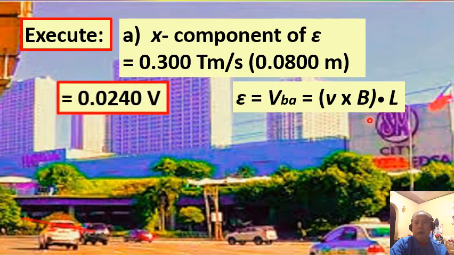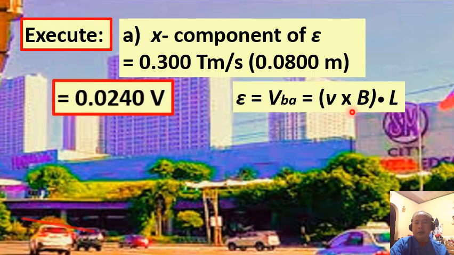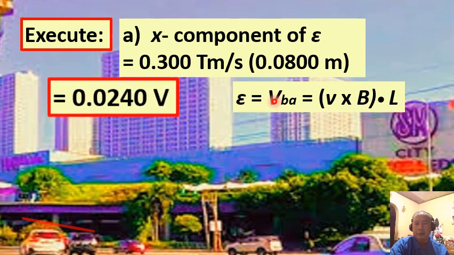So earlier, we called this the scalar triple product, right?